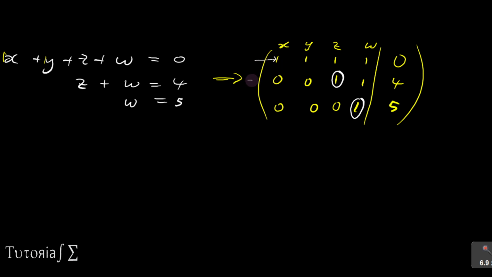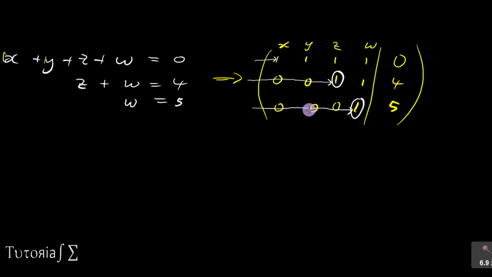When we go along this row, the first leading element we find is on the z. So z has a leading element 1. When we check this row, the first leading element that we find is for w. So w has a leading element. So y does not have a leading element.